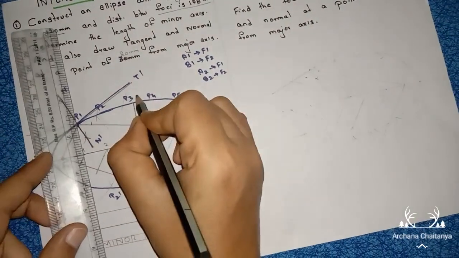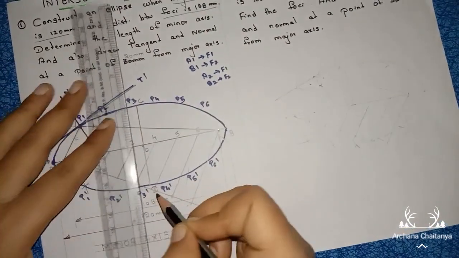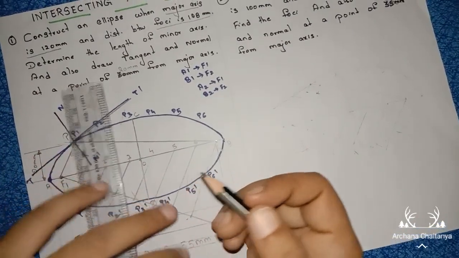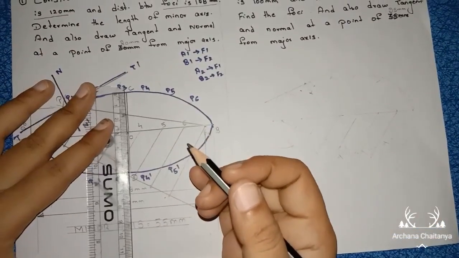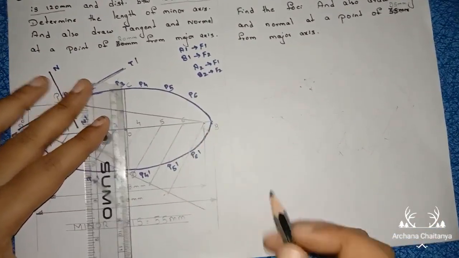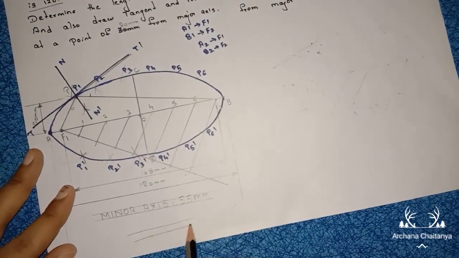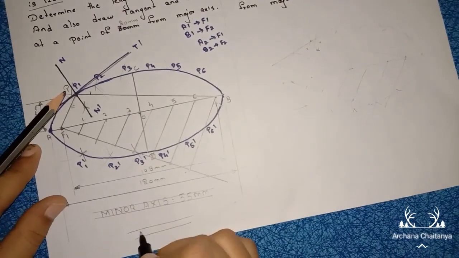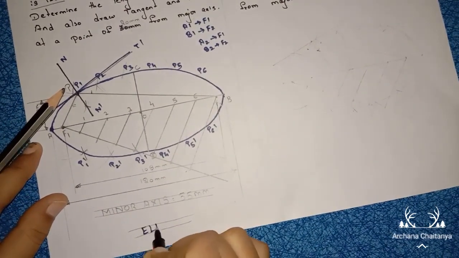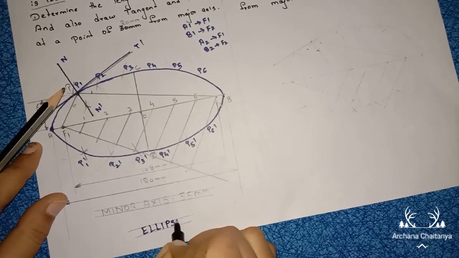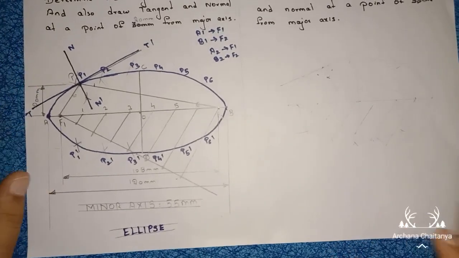Name it as here CD. Measure this CD and write down how much you got. I got 55, so I wrote here 55. Right. Name of the diagram is ellipse. So this is our first problem.